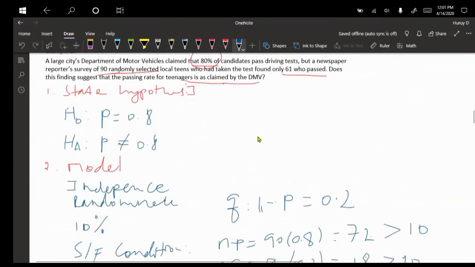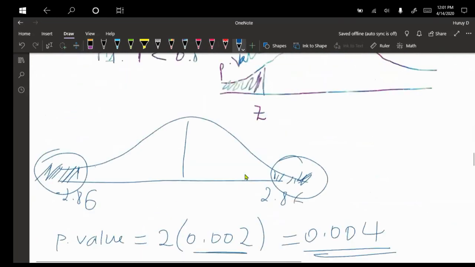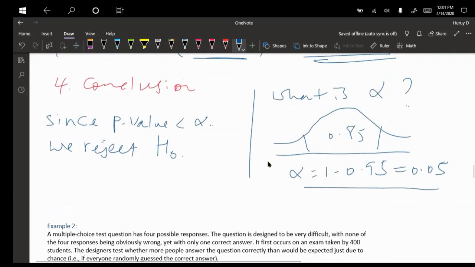Now, what do we say? Do we agree with the claim? Well, since we rejected it, we don't agree with that one. So we just write that one. So, you can use your own English, it doesn't matter. I mean, this is just interpretation.